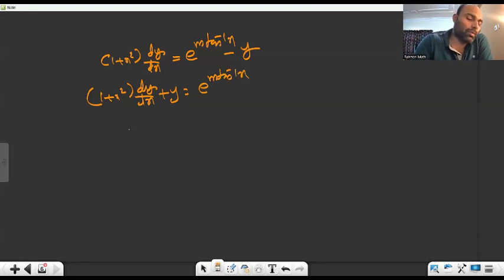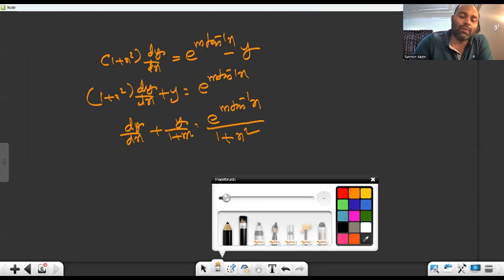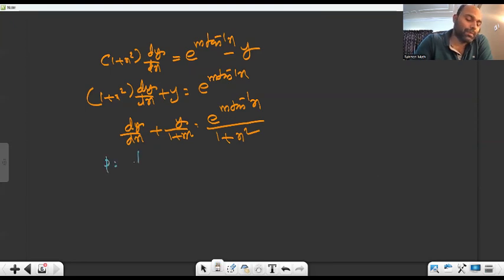Divide both the numerator and denominator by 1 plus x square. So identify your P: 1 by 1 plus x square. Q: e raised to m tan inverse x by 1 plus x square.